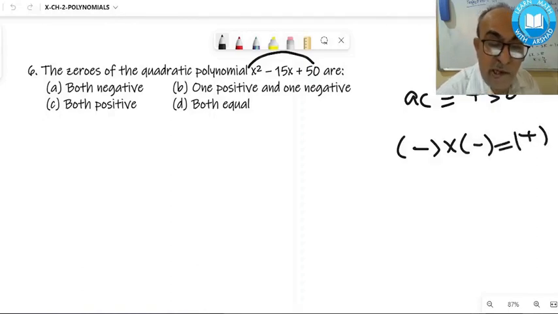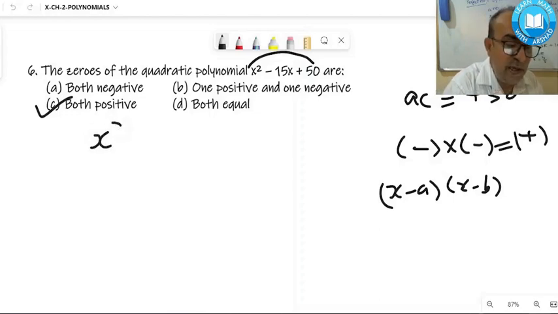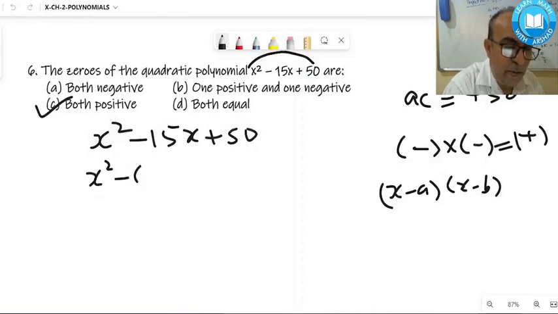So if it is negative, it means you will get a factor x minus a into x minus b. And when you equate each factor with 0, then both values will be positive. It is one way. Second way, if you don't understand this, you just factorize. So x square minus 10x minus 5x plus 50.